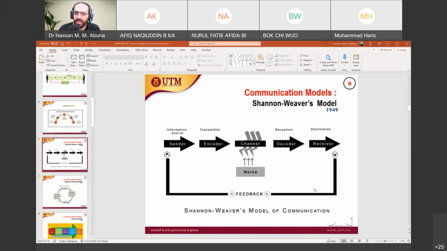At the end of the day, they are not going to receive the information that I am giving them, because these noise factors will affect the process of communication.